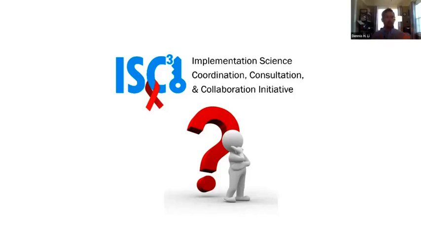If I just told someone, just do a direct to consumer strategy for that program, that doesn't give any detail. But if we specify that a direct to consumer strategy involves A, B, C, D, and E, then that helps aid in replicability and understanding of that strategy as a whole.